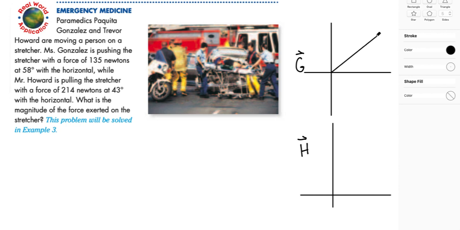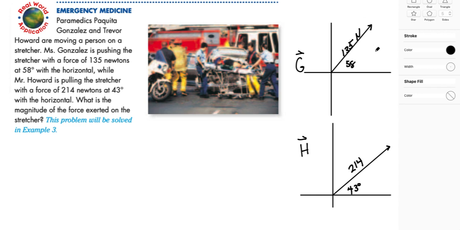So let's say this is our 58 degrees here, and let's represent this vector in this way, where we know that the force is 135 newtons. And then similarly we'll do the same thing with Howard, where the force of his vector is 214 and the angle is 43 degrees.